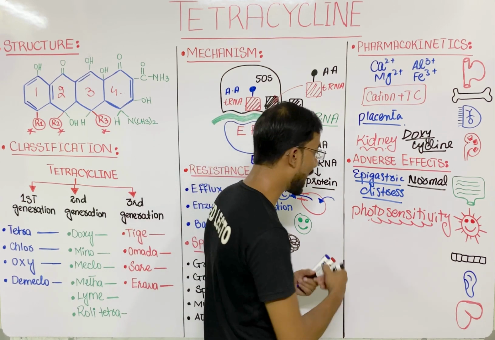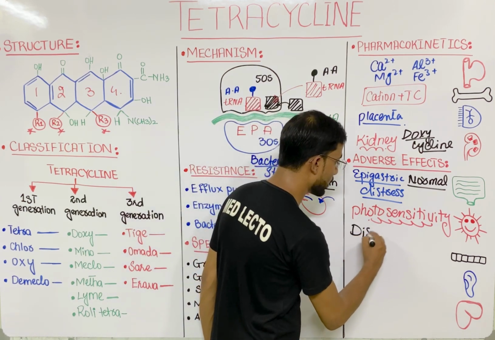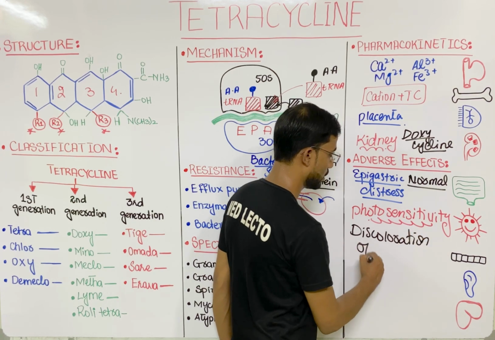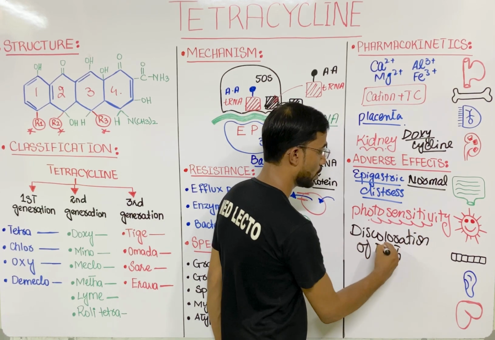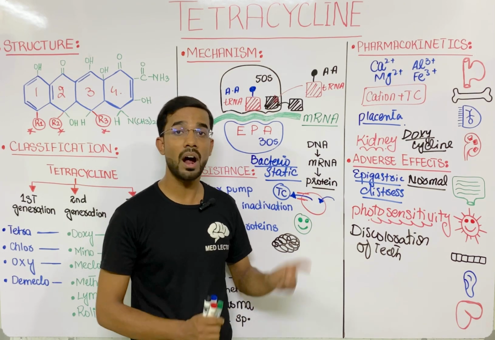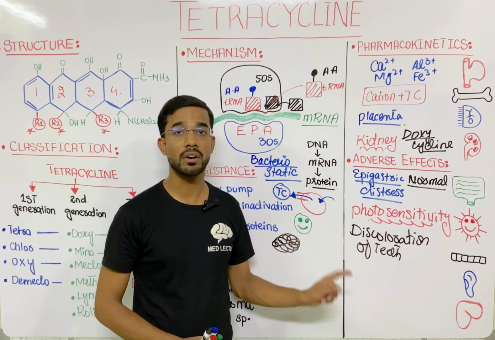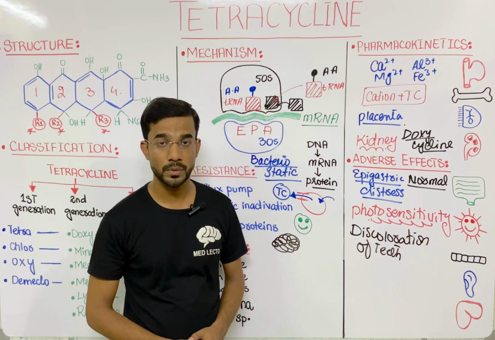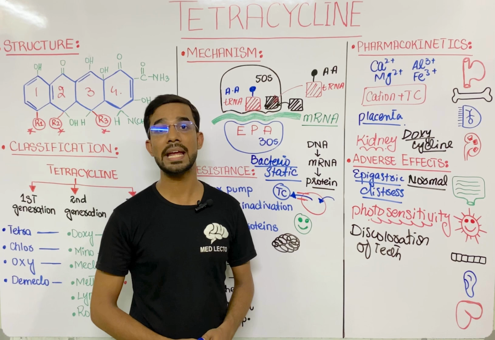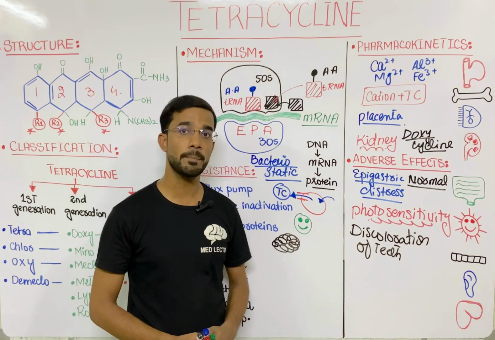Okay, and that causes the discoloration of the teeth. So that's why tetracycline is actually not given in the pregnancy or in breastfeeding state, and it will also not be given to the children less than 8 years of age. That is the important thing.